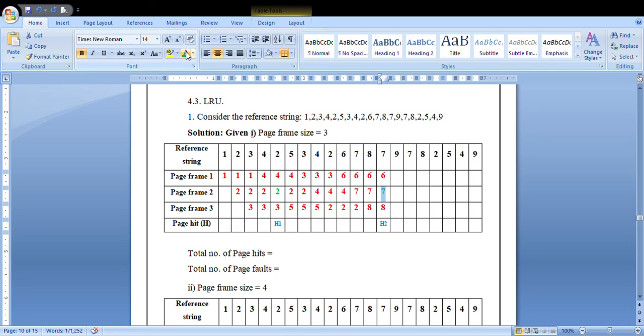Next is 9, which you need to replace. 6 is repeated 4 times, so that is the oldest page. You replace 6 by 9 and keep 7 and 8 as they are. Next is 7. It is repeating again and already exists in the frame. So 9, 7, 8. This is your page 3.